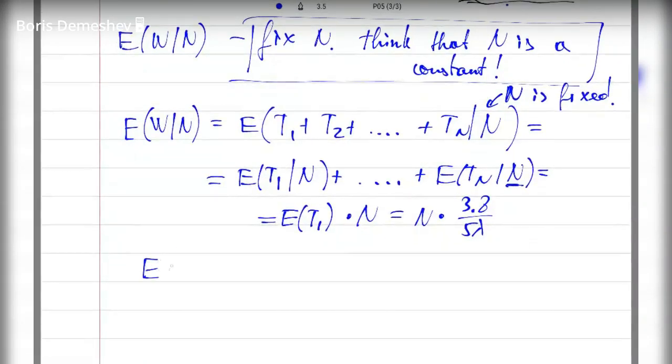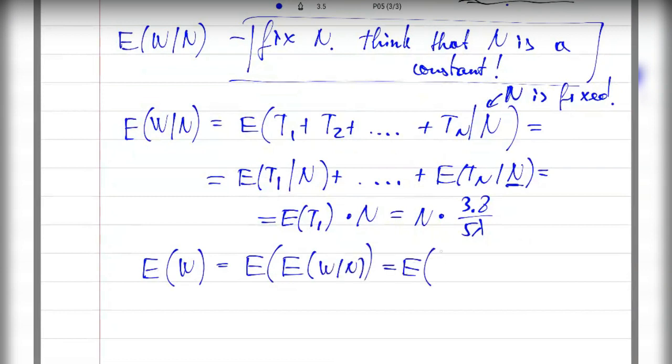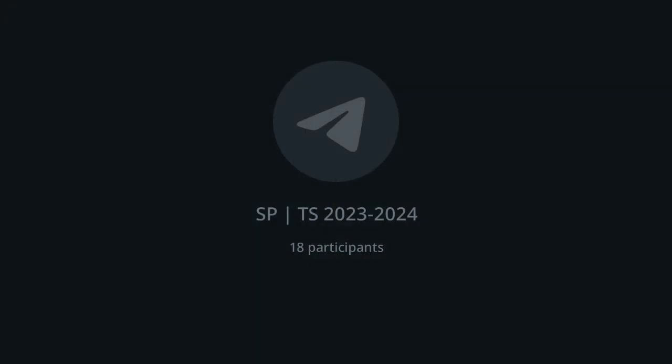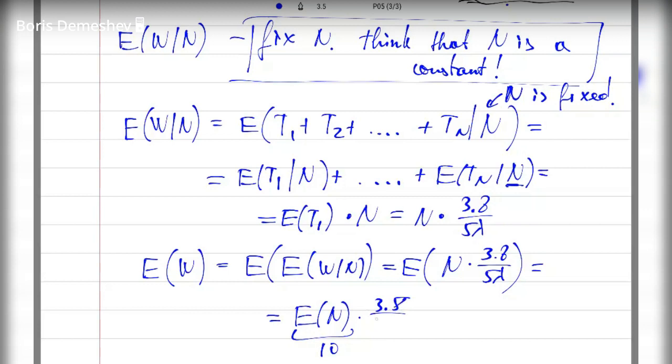And finally, to calculate expected value of W, we calculate the ordinary expected value of the conditional expected value, and hence we get expected value of N, that is 10, it's given in the text of the problem, and we multiply it by 3.8 divided by 5 lambdas, it's 38 divided by 5 lambdas. Okay, and we have found expected value of W.